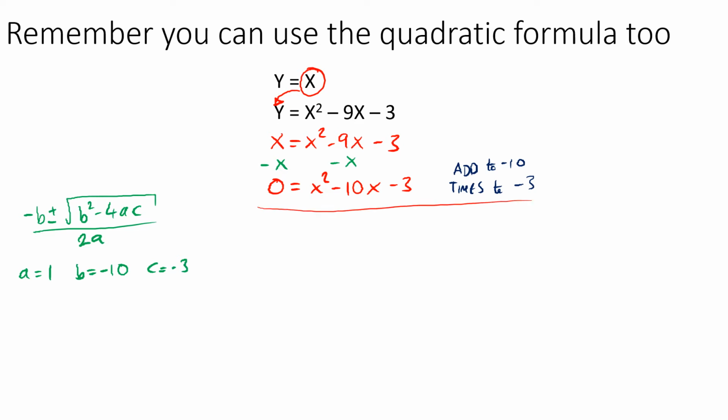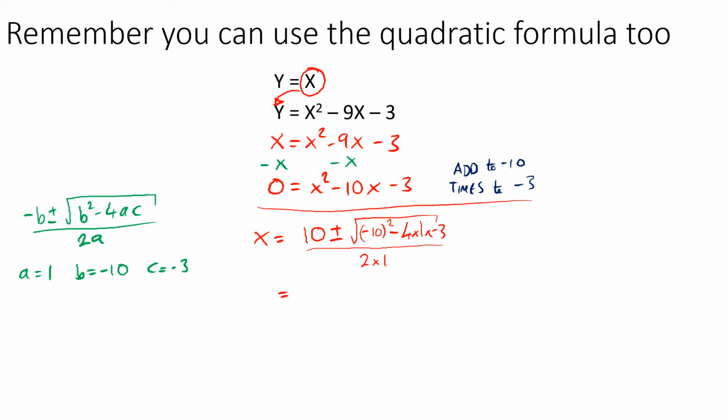So we'll end up with x is equal to minus b, so that's going to change the sign from minus 10 to 10, plus or minus the square root of b squared, so minus 10 squared. Remember, if you're squaring a minus number, you need to put it in a bracket, or you need to remember that it's going to give you a positive result. Minus 4 times a times c, so 4 times 1 times minus 3, all over 2a, so 2 times 1 on the bottom.